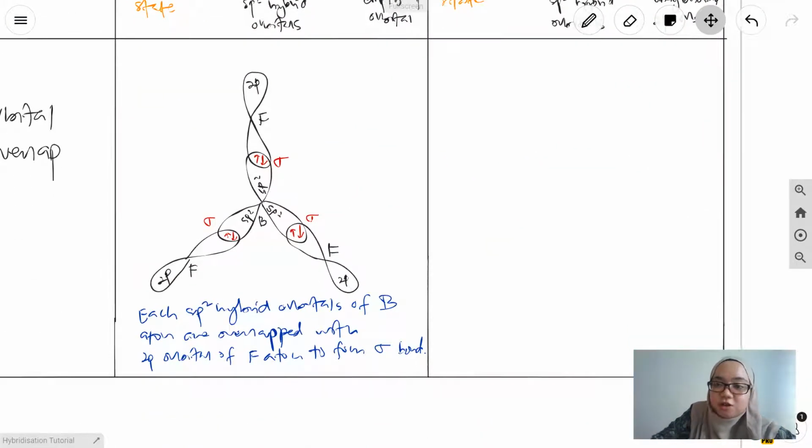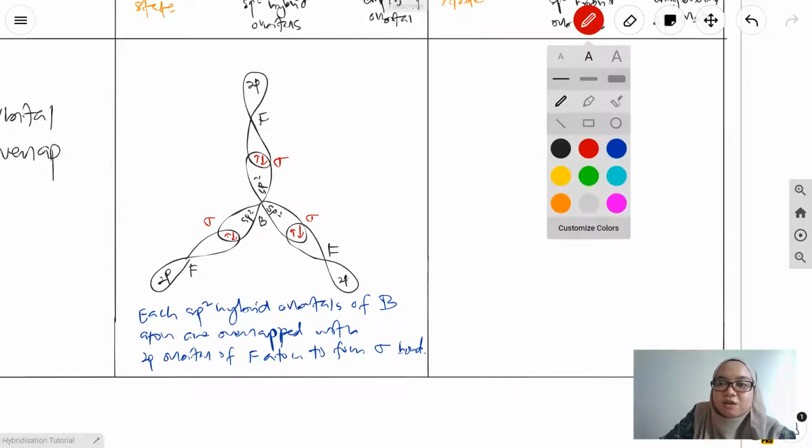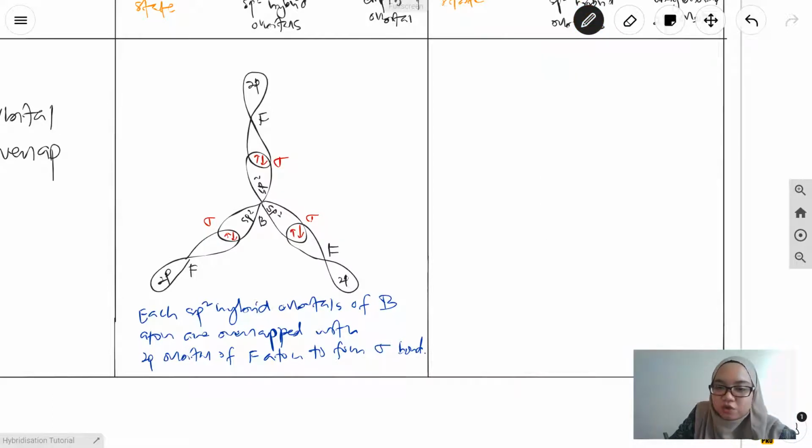Okay, so let's draw. Trigonal planar, since there is one sigma bond between C and C, we need the end-to-end overlapping between the carbons as well. So we are going to draw it like this.